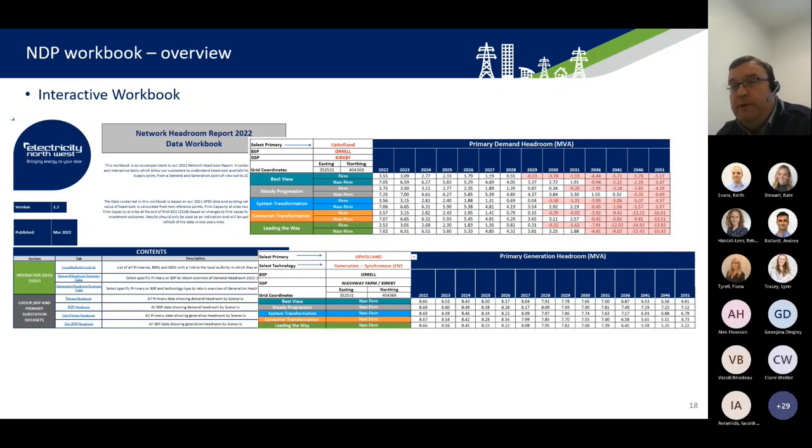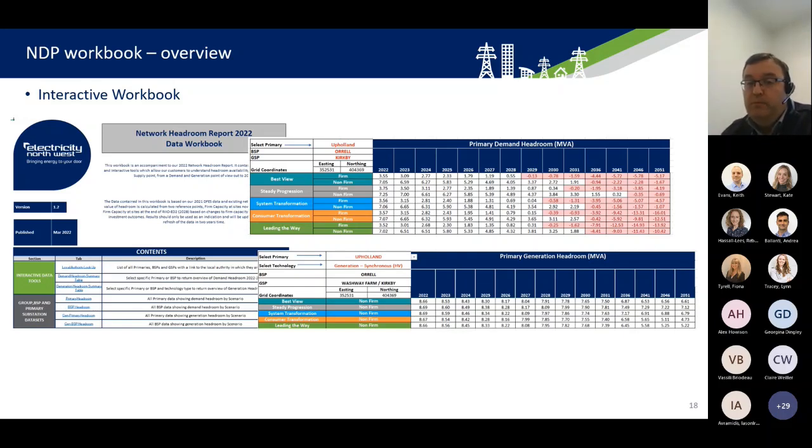The NDP is further complemented by a workbook, which is effectively an Excel spreadsheet with a number of tabs contained within it. The opening page gives the users an overview and links to all the subsequent tabs. We've recently included a local authority indicator tab, which allows users to identify sites by local authority, which is something we responded to from some feedback that we got in our consultation phase.